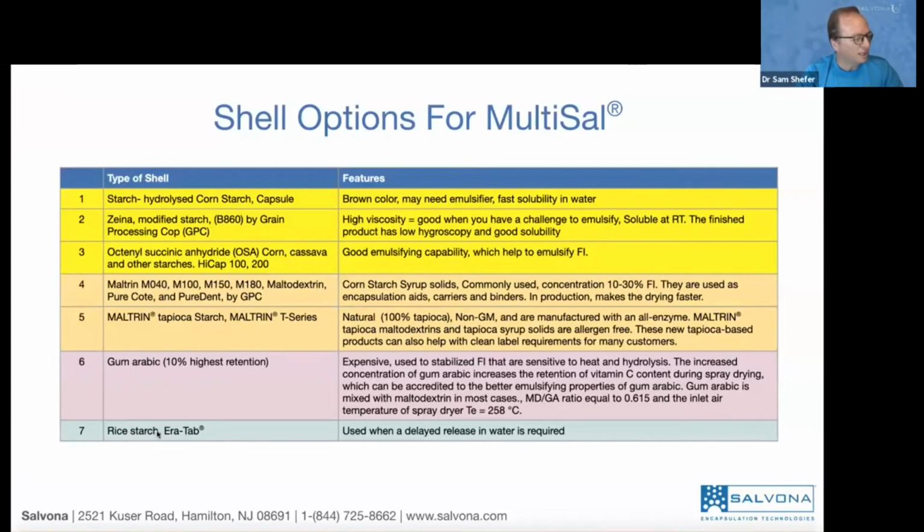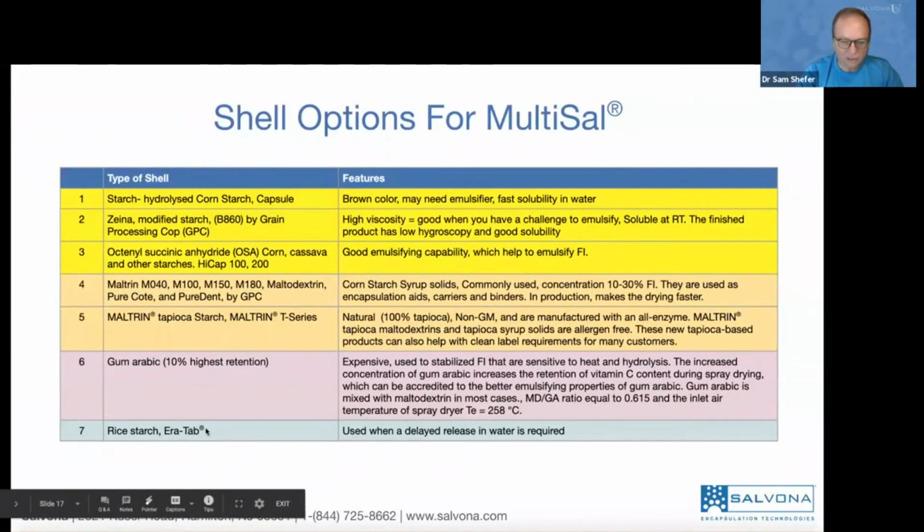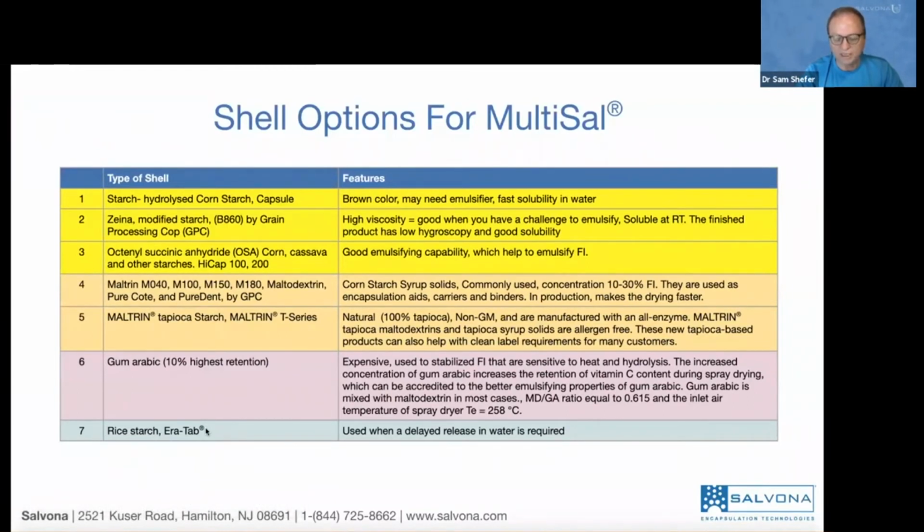Rice starch is another one. This is breaking down very slowly. Remember, I told you the two mechanisms, erosion and swelling. This is good for swelling. The starches, the Multrin, are degrading, and erosion is the mechanism that controls it, unless we do something to restrict the erosion.